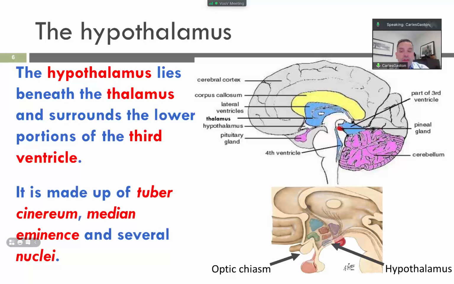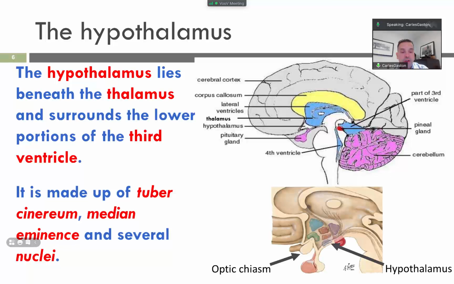In gross manner, the hypothalamus is formed by the tuber cinereum or median eminence, and also several nuclei. The median eminence is here just above the pituitary gland, and the hypothalamus, as you can see here in different colors, is formed of different nuclei. What does it mean, nuclei? Nuclei are a group of neurons that secrete certain hormones.